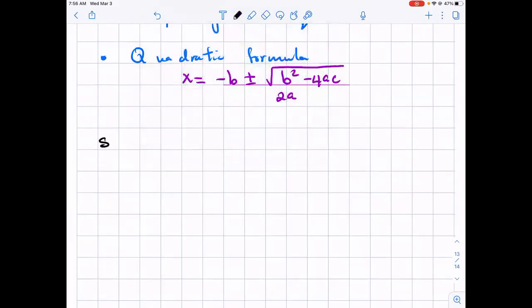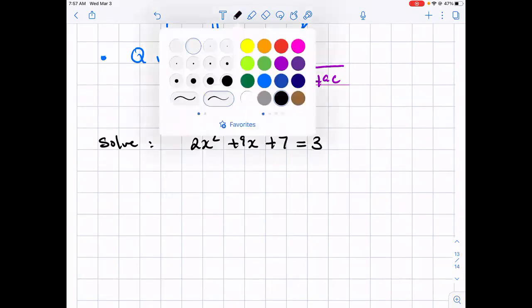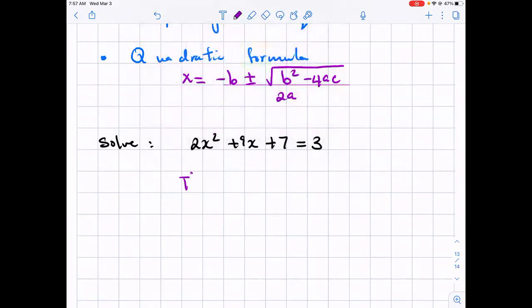Suppose I ask you to solve 2x squared plus 9x plus 7 is equal to 3. Now this is a quadratic.